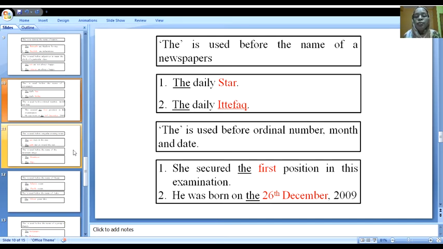Then come to another rule. The is used before ordinal number, month and date. She secured the first position in this examination. Here first is the ordinal number. First, second, third, this type of numbers are called ordinal number. And number 2, he was born on the 26th December 2009.